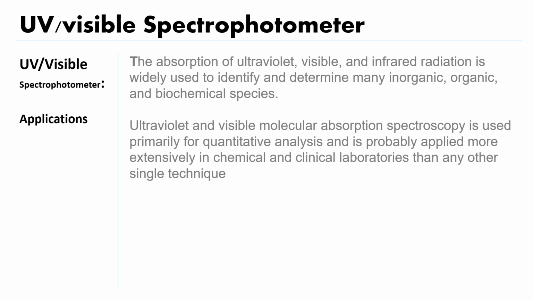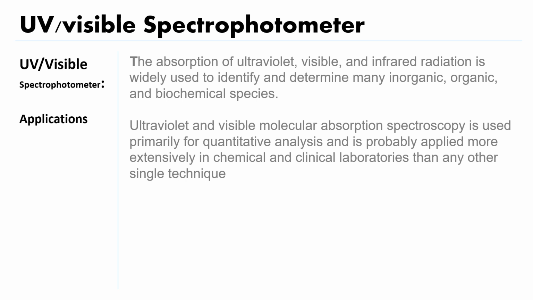Ultraviolet and visible absorption spectrophotometry is used for quantitative analysis, and is probably applied more extensively in chemical and clinical laboratories than any other single technique. It is a very widely used technique for qualitative and quantitative measurements of components in the fields of chemistry, biology, and forensic sciences.